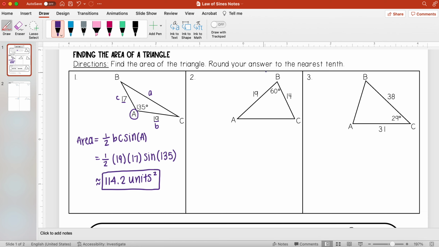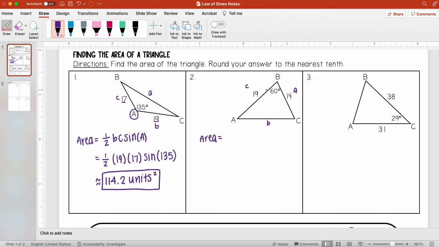Okay, let's look at the next one. First I'm going to go ahead and label my sides. The side opposite of my angle A is 14. The side opposite of angle B is b, and then opposite C. An important thing to note, the side lengths are always going to be the lowercase letters. Your angles are always the uppercase when you're plugging into your formula.